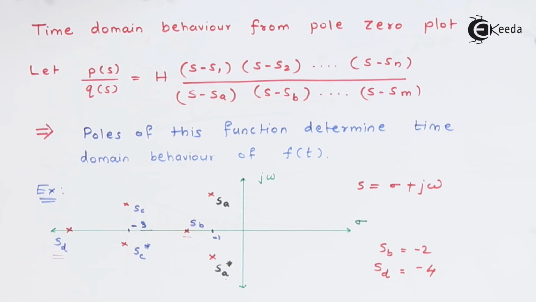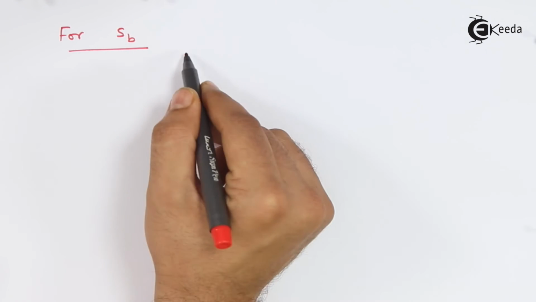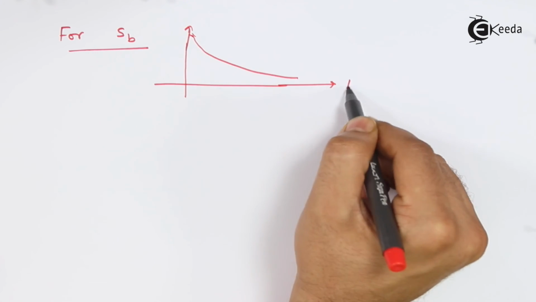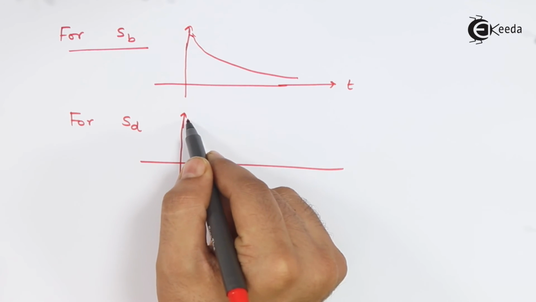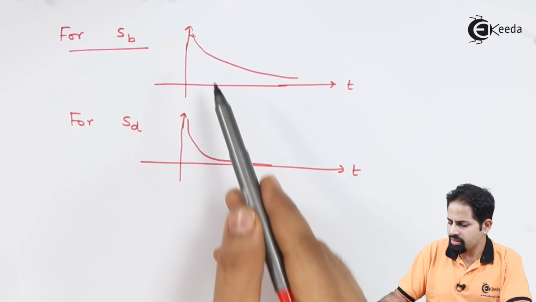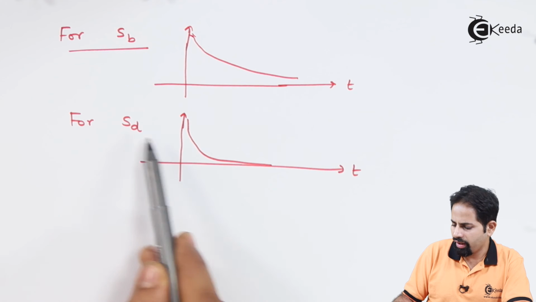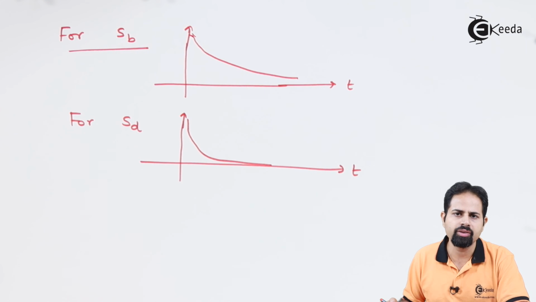So the graphs will be as follows. You can see the difference. This is the graph for SB, which is decreasing gradually, and for SD it is decreasing suddenly because it is further away from the j omega axis.